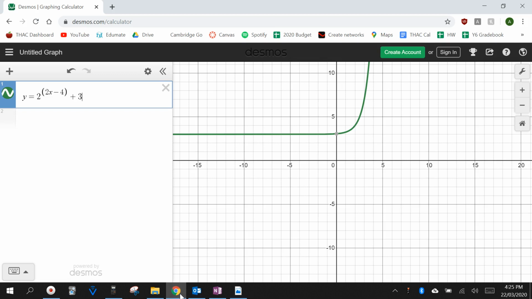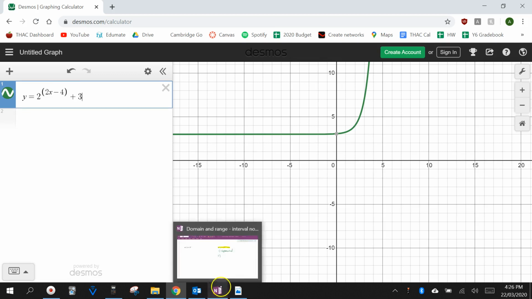So before we have the asymptote down here at y equals 0. Now the asymptote has shifted up to y equals 3, so it's never going to touch 3. So we can see here that the domain is all real x.